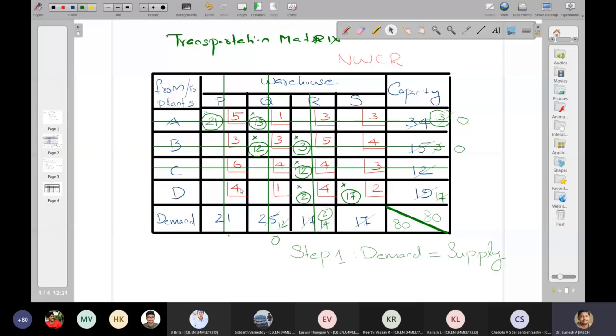For BQ, the demand is 25, but you can see over here the demand is only 12 right now and the capacity is 15.